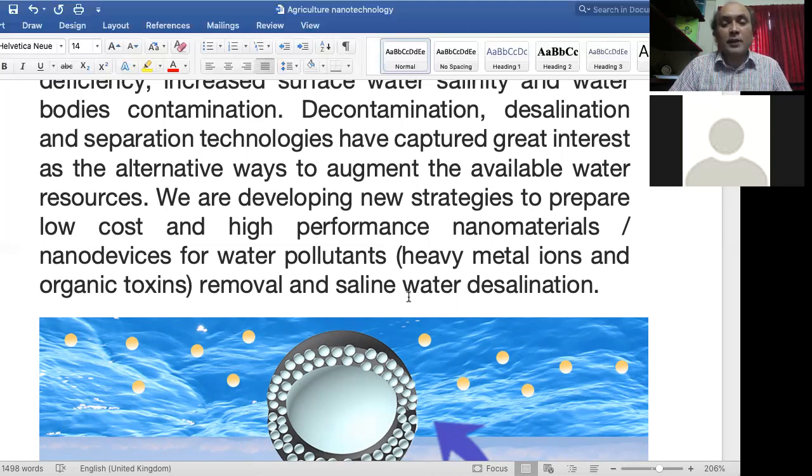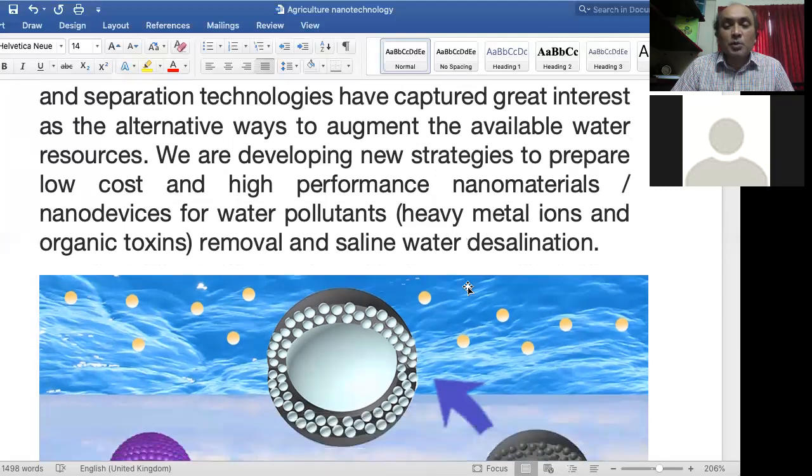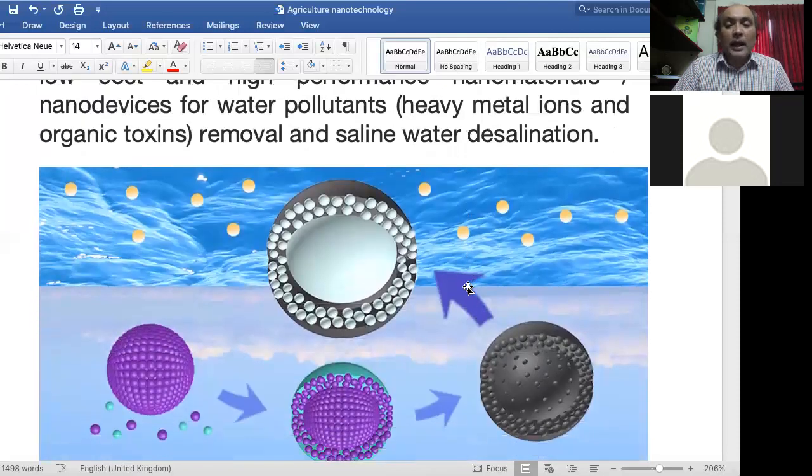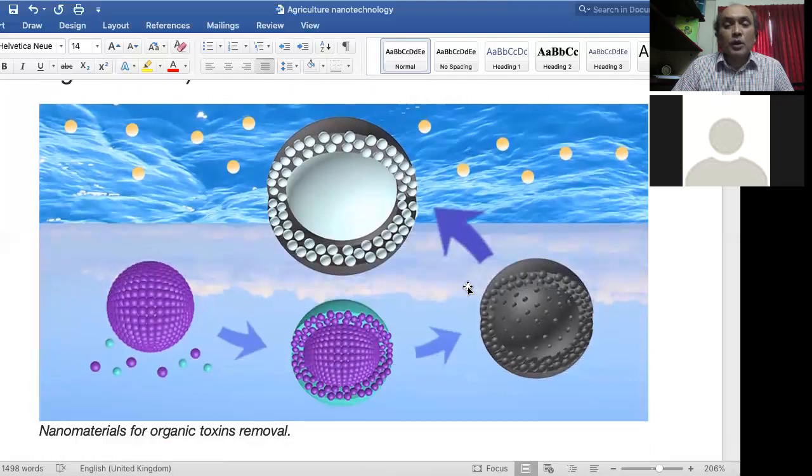75% of the earth's surface is covered with water, but most of the water is saline, marine water. It is not useful for terrestrial organisms, our agriculture, or even for our drinking purposes. If we can remove the ions which are responsible for salinity, then it would be a big breakthrough and water scarcity will be removed.